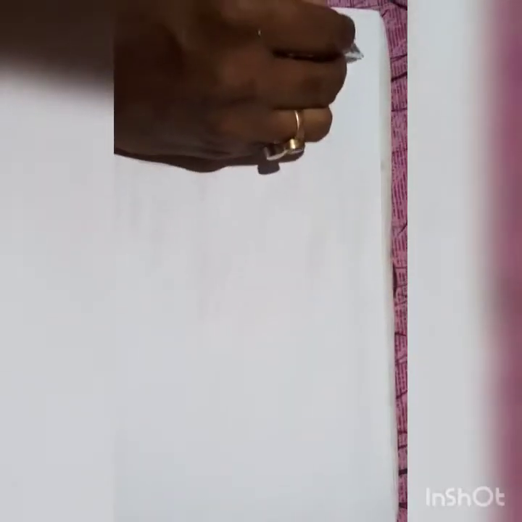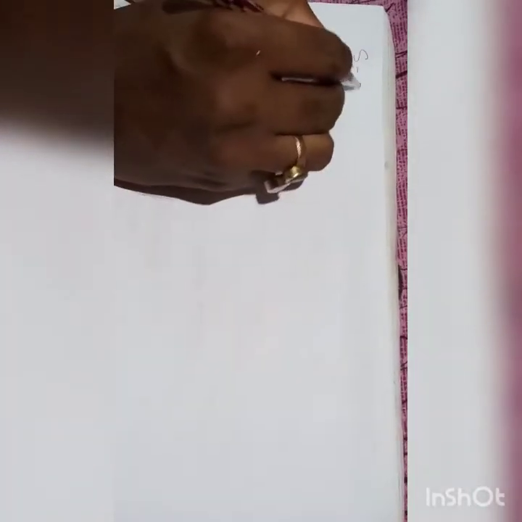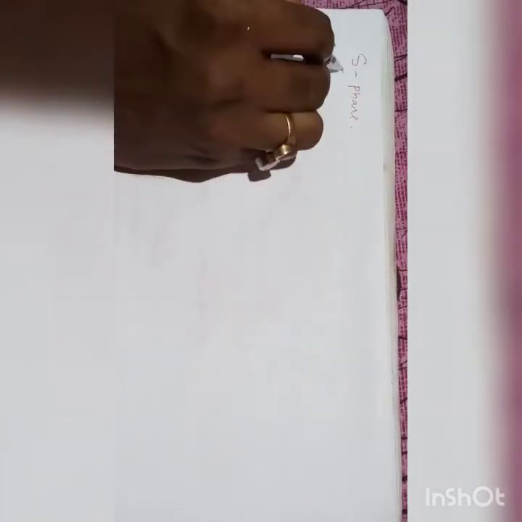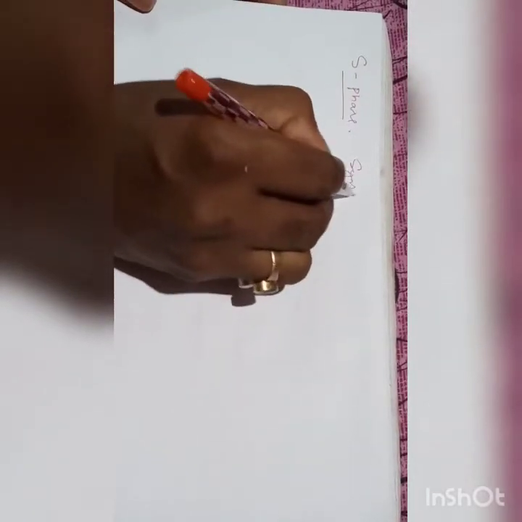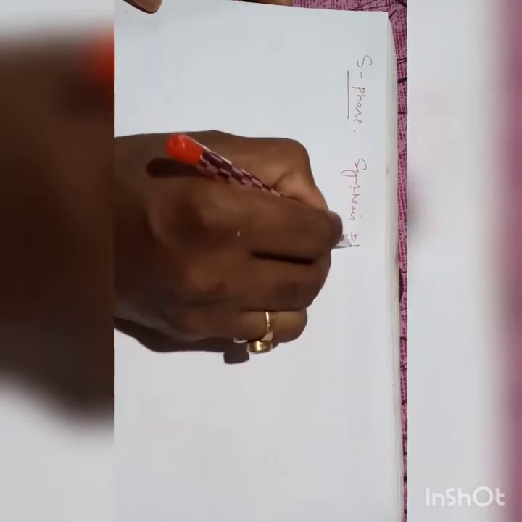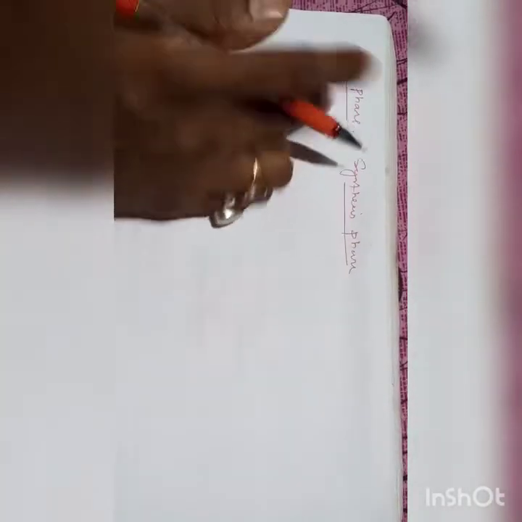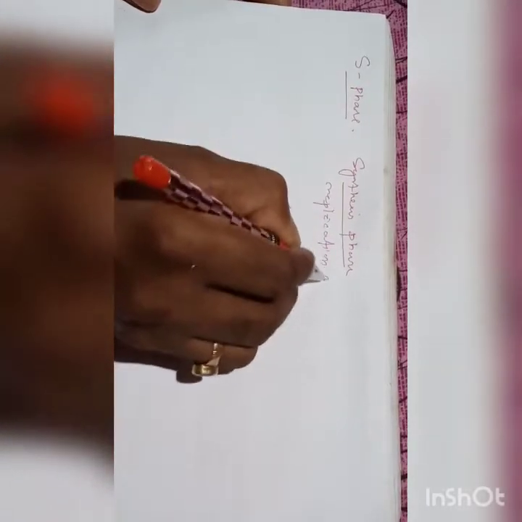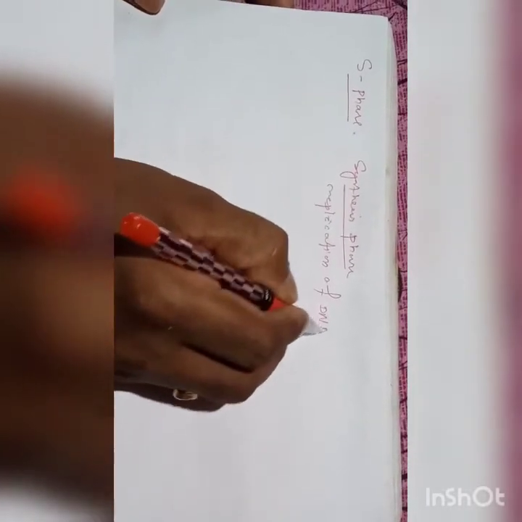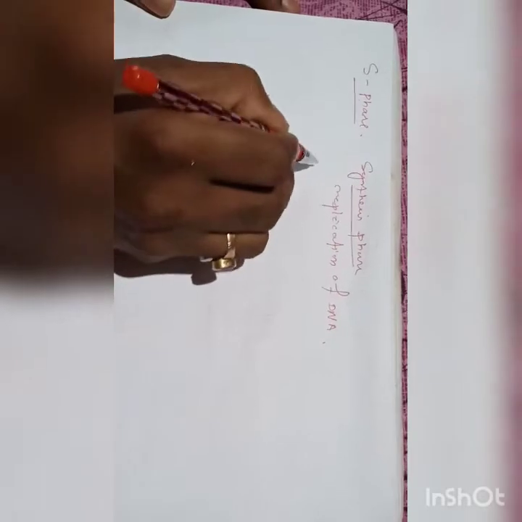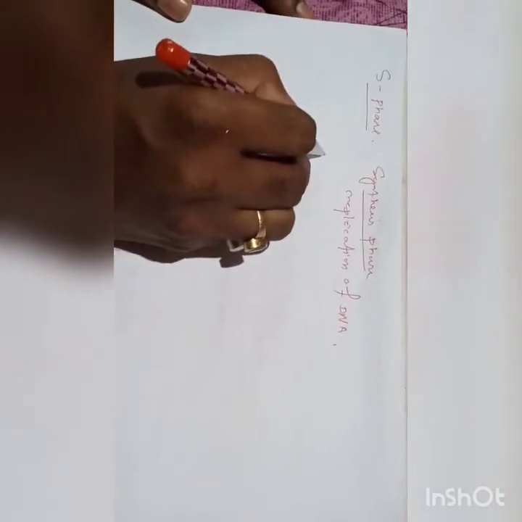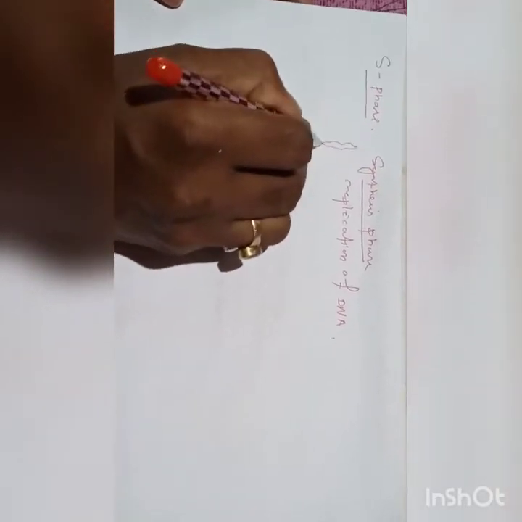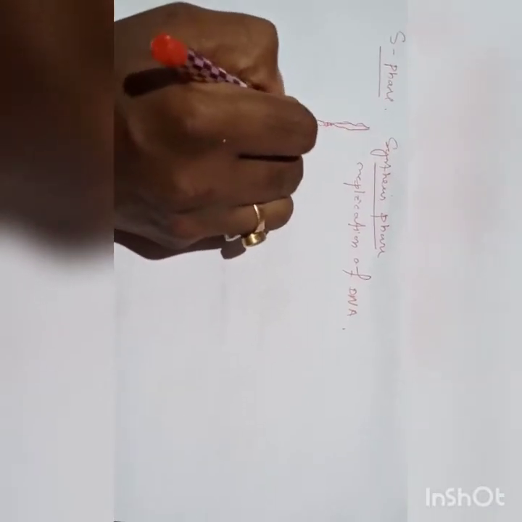Now I will talk about the S phase. S phase is also called synthesis phase. The main event of this S phase is the replication of DNA. So in the initial phase, the chromosomes contain only one chromatid.